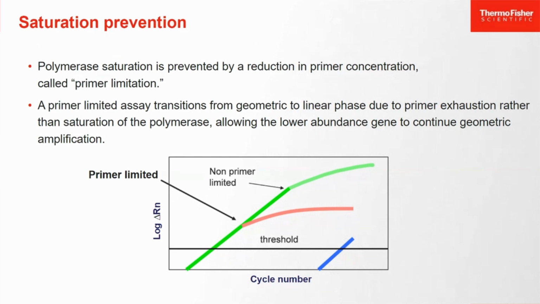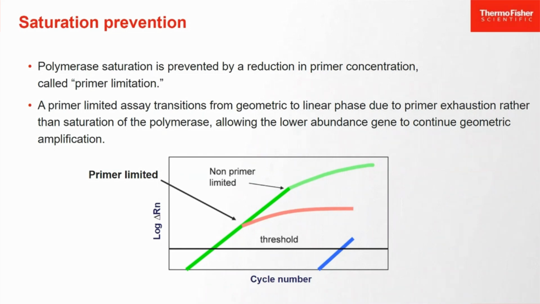The solution to prevent polymerase saturation is primer limitation. In other words, the assay has lower primer concentration, so that the reason the assay for the more abundant gene transitions from geometric to linear phase is not because the polymerase was saturated, instead because primer ran out.